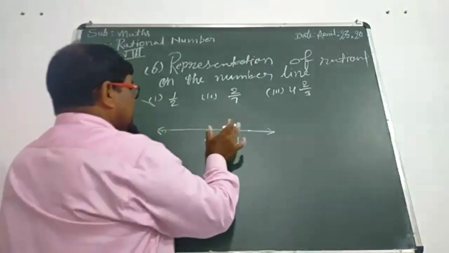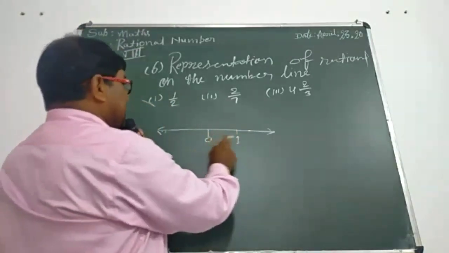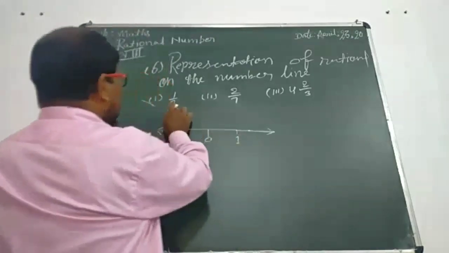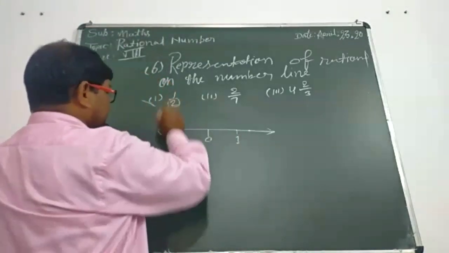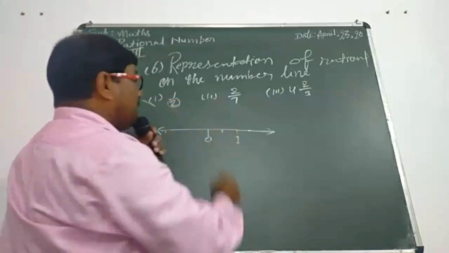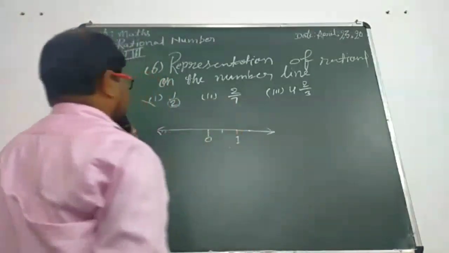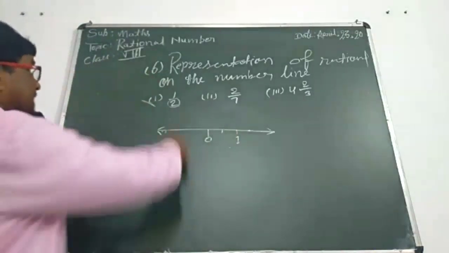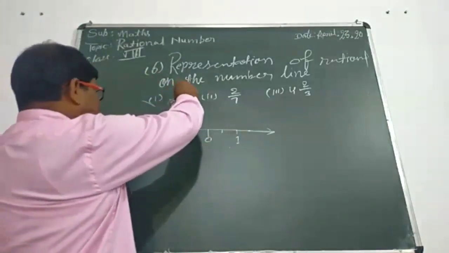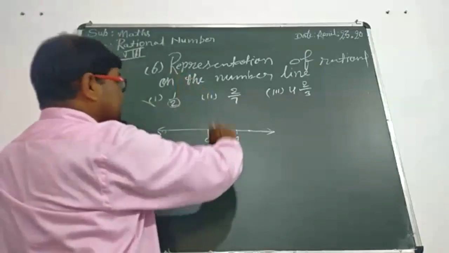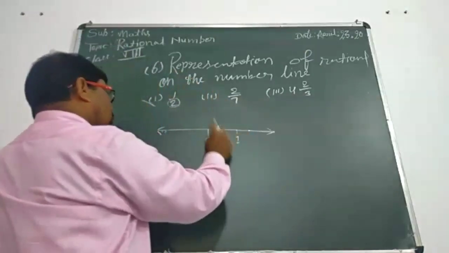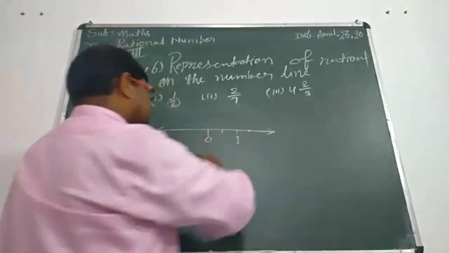Divide 0 to 1 into 2 parts, because this is the denominator. Okay, 2 sub parts. Now numerator is 1.